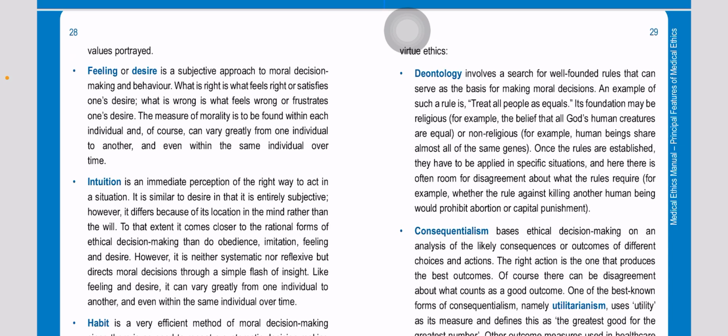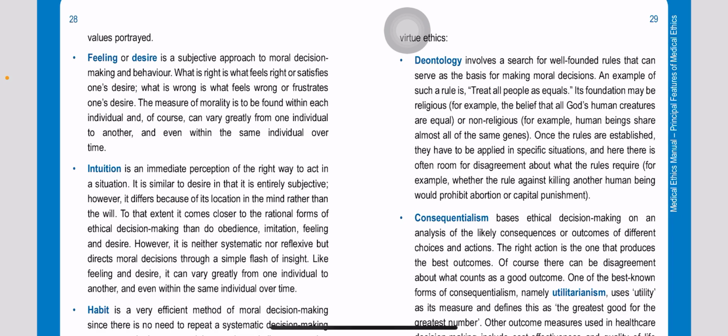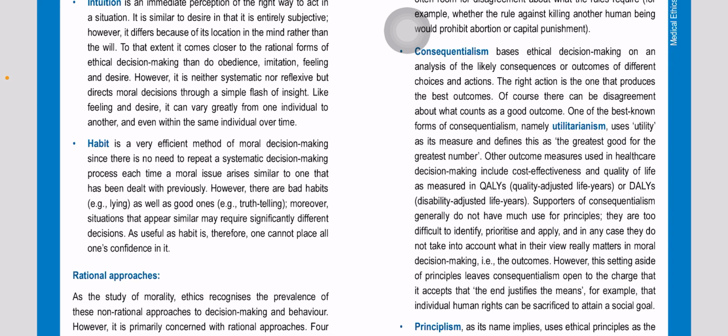An example of such a rule is treat all people as equals. Its foundation may be religious, for example, the belief that all God's human creatures are equal, or non-religious, for example, human beings share almost all of the same genes. We have discussed that time and time again.